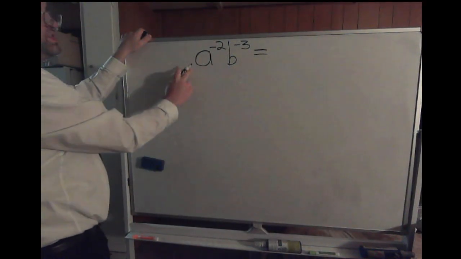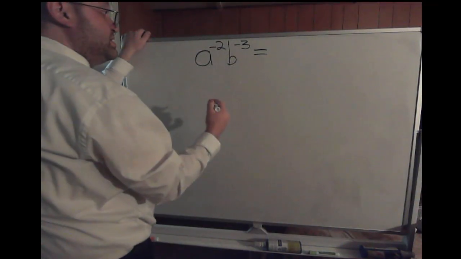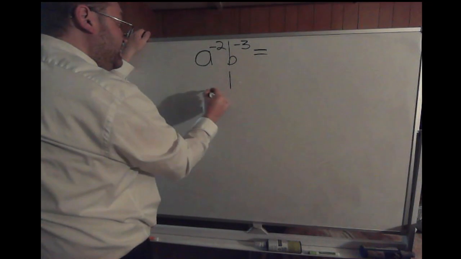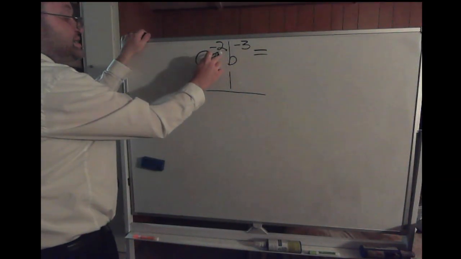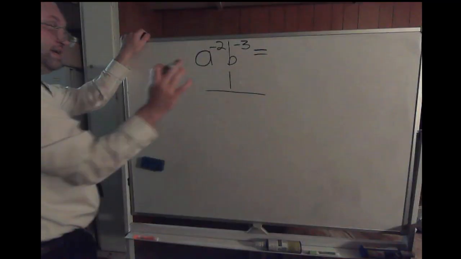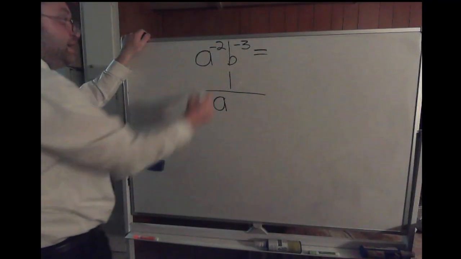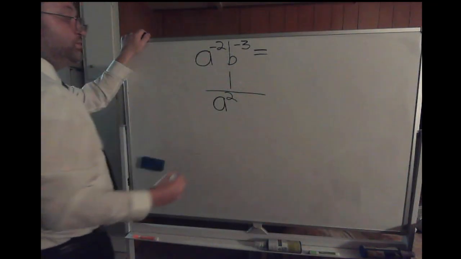However, we don't see a coefficient, so therefore your default coefficient is 1, meaning your numerator is going to be 1, okay? Now, you take your a to the negative second, since it's negative, you'll put the a in the denominator, and that negative second becomes positive 2.